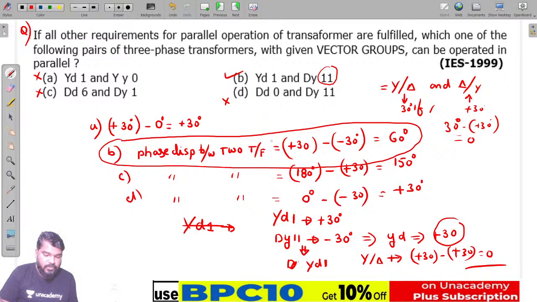YD1 is equal to DY11 and YD11 is equal to DY1. Yes, that's correct.